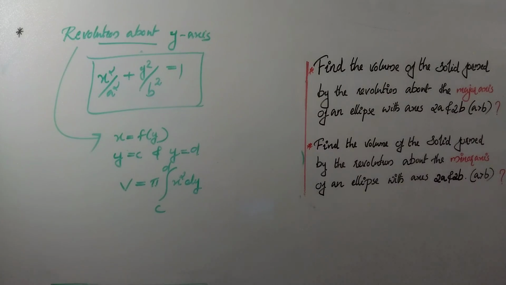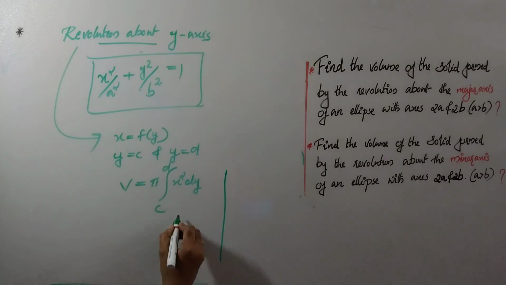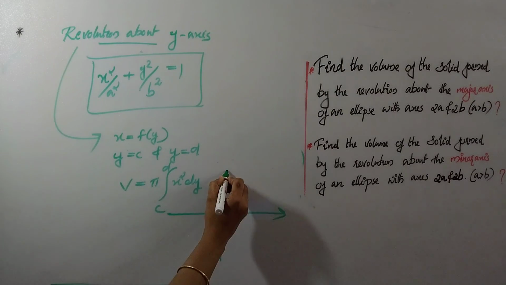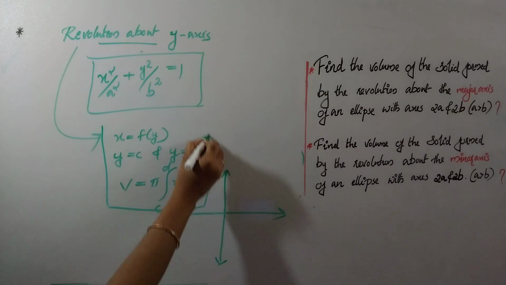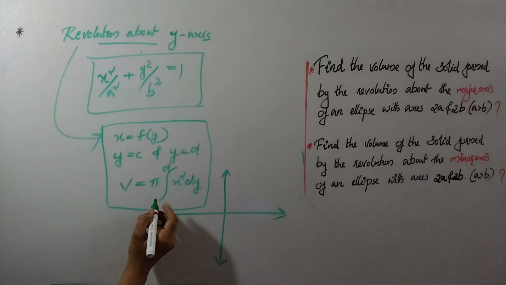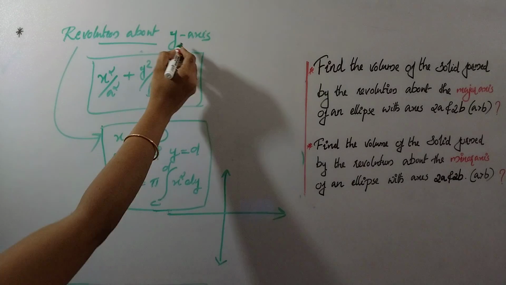Now this is the general formula of volume of solid of revolution about y-axis.